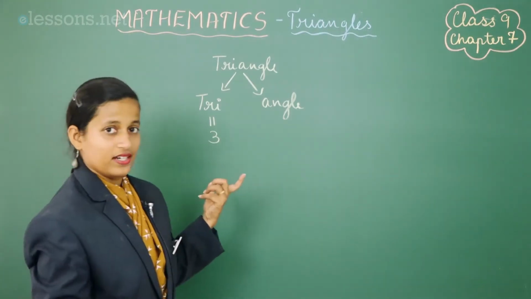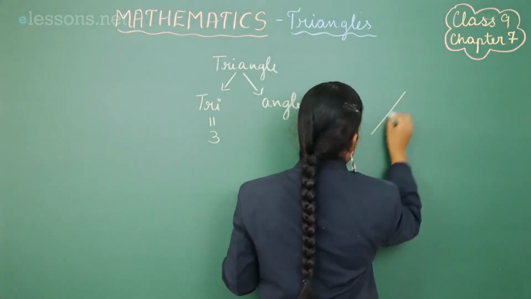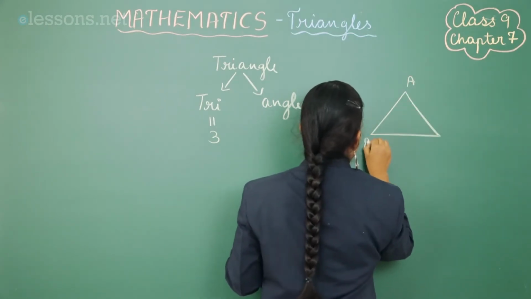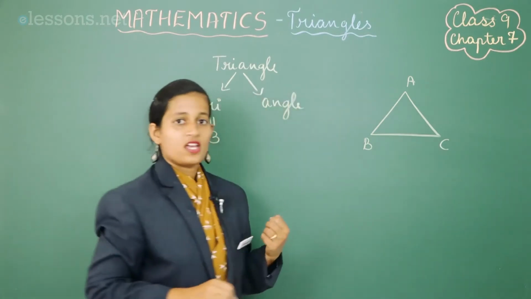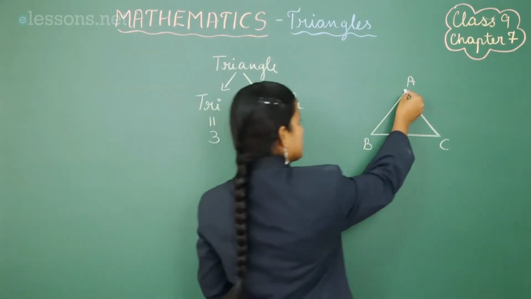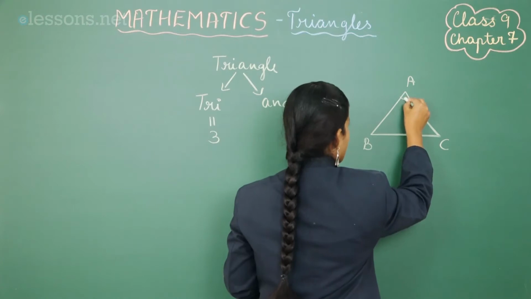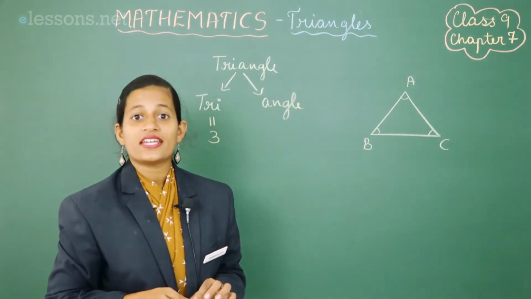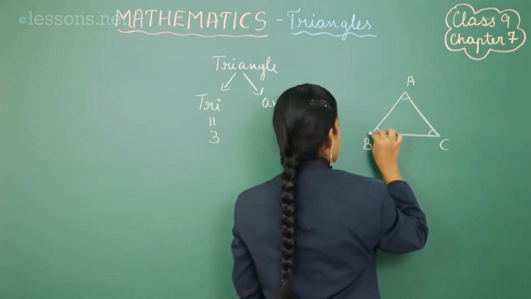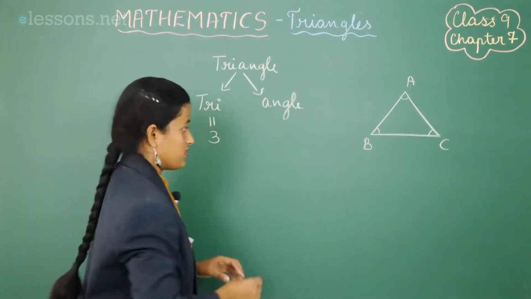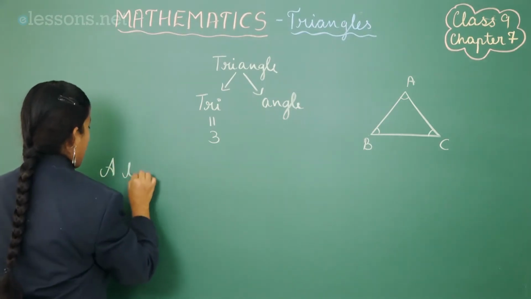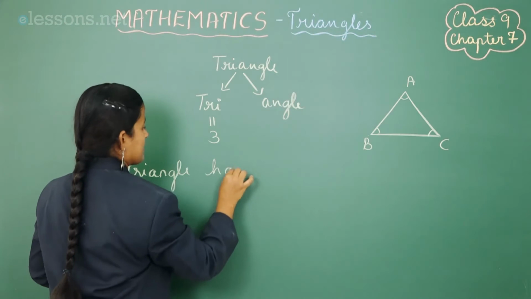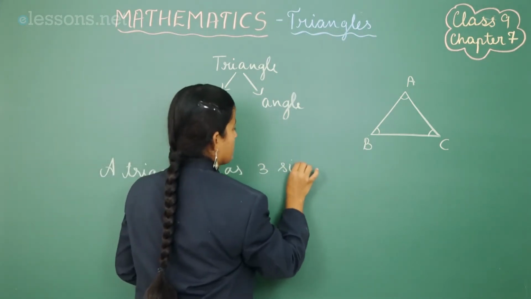So a triangle is like this. This is a triangle. It has 3 sides, 3 angles and 3 vertices. A, B, C are the vertices. So a triangle has 3 sides.